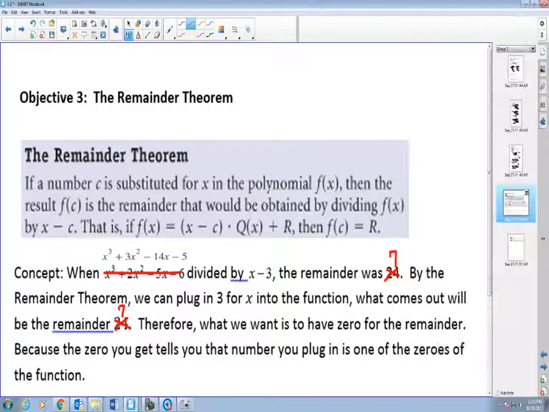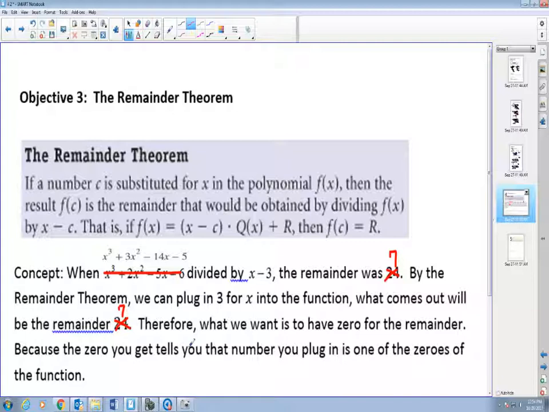So what we really want is to have 0 for the remainder. Whatever number we use to go through synthetic division with, what we want is to have 0 for the remainder. Because if the remainder is 0, that means the number you plug in is actually one of the zeros of the function.